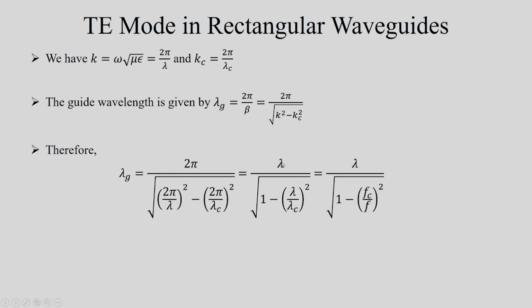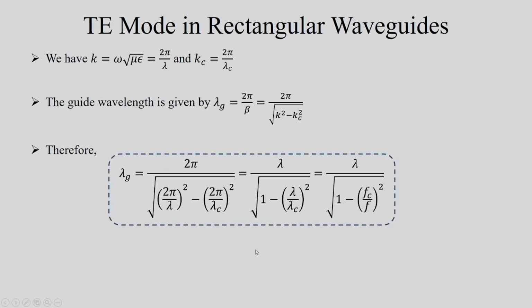Rearranging, lambda g is lambda divided by root of 1 minus (lambda by lambda c) whole square, and in terms of frequency, lambda divided by root of 1 minus (fc by f) whole square, where fc is the cutoff frequency.